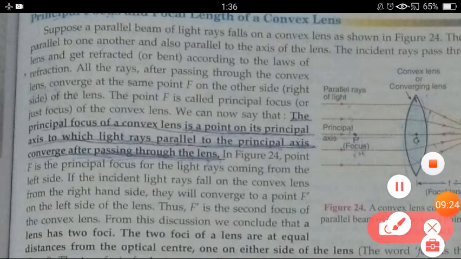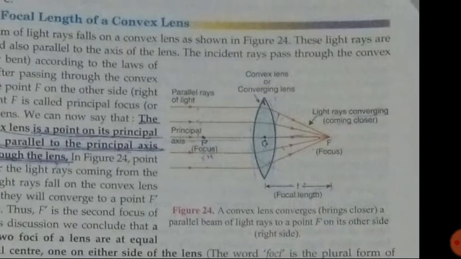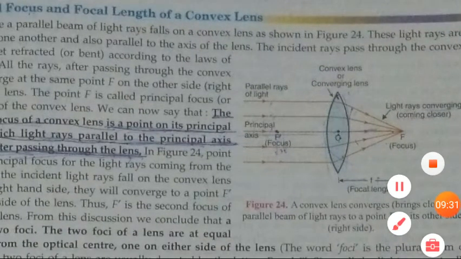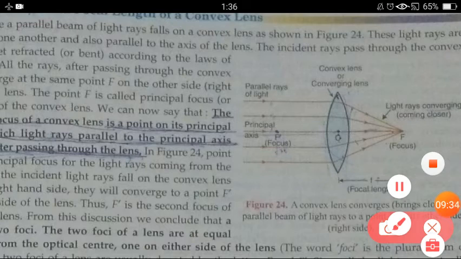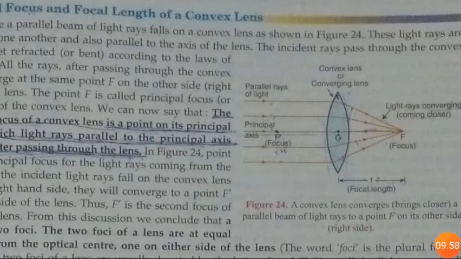So here you have the principal axis, and the point F is also on the principal axis. So we can say that whatever light rays are coming parallel to principal axis, after passing through the lens, they all meet at one point of principal axis, and that point only is called the focus.